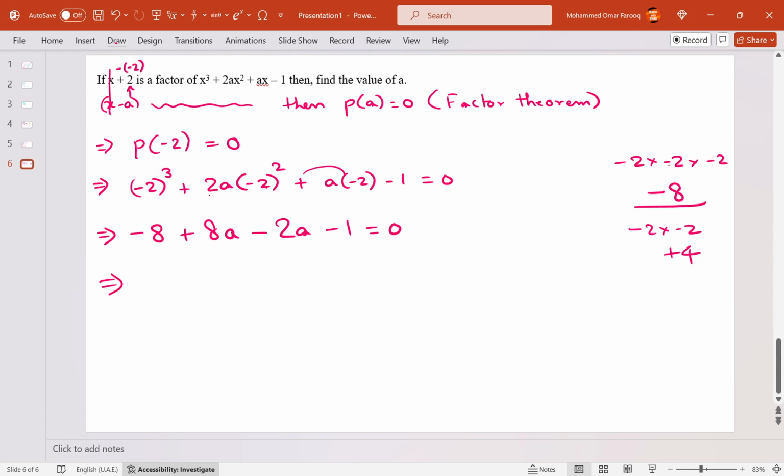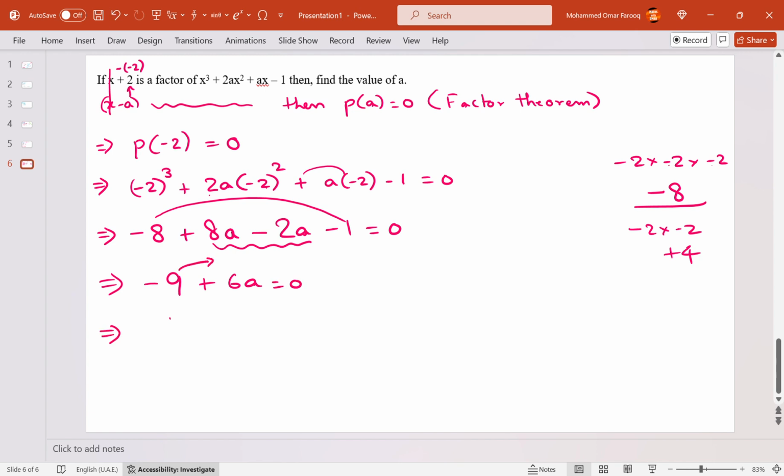Now don't tell me that minus 8 plus 8 becomes 0a. Please, you cannot add numbers and variables. So add only numbers with numbers. Minus 8 and minus 1 are both negative, so it is minus 9 plus 8a minus 2a, which are like terms. 8a minus 2a is 6a is equal to 0.